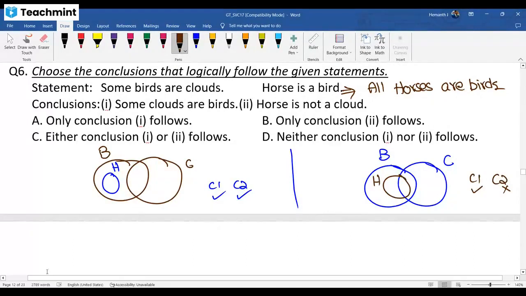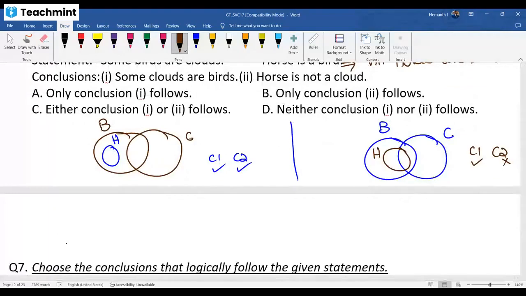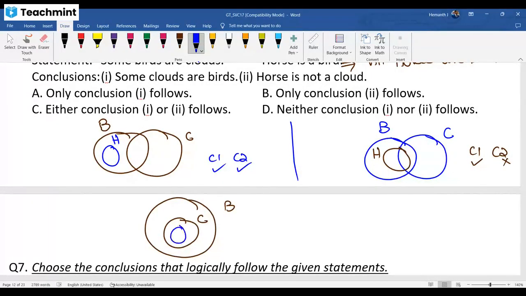In fact, I'll draw one more diagram. You can draw many diagrams, it's your wish. See, some birds are clouds. This is also one of the diagrams. All horses are birds, I can put horses here. This is also correct. Some birds are clouds, all horses are birds. Here, some clouds are birds, yes, all clouds are birds. Whenever all is there, you can take some.